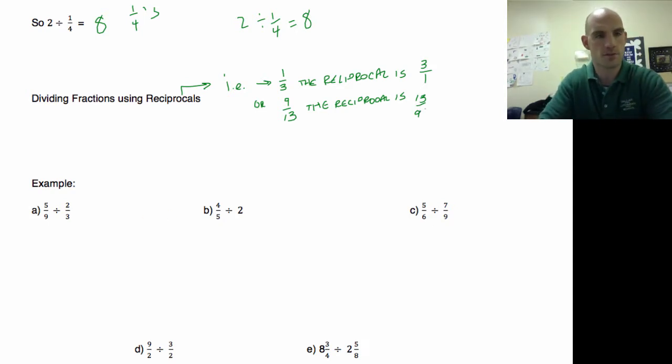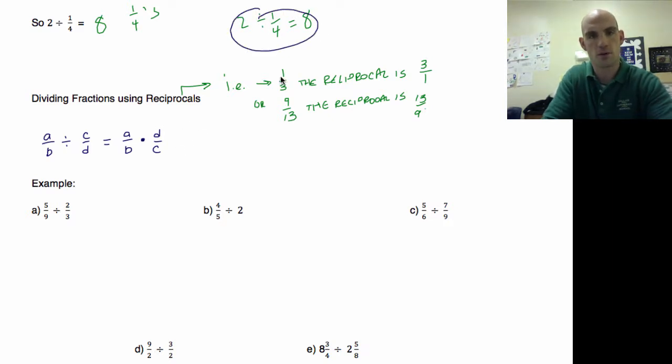If I'm dividing using reciprocals, it looks like this. A over B divided by C over D equals A over B times D over C. If we look at the example up here that we tried before, 2 divided by 1/4, I'm going to take 2 and multiply it by the reciprocal.